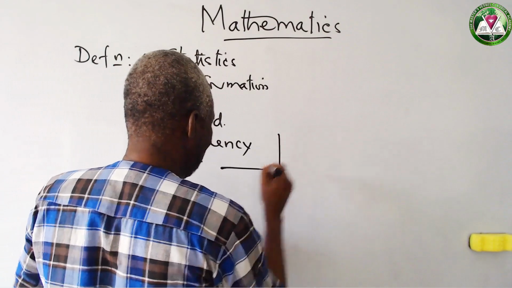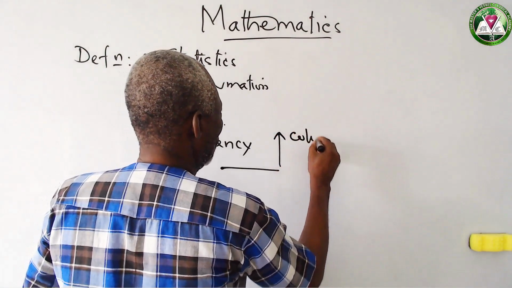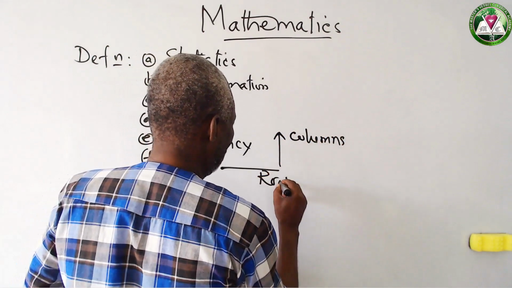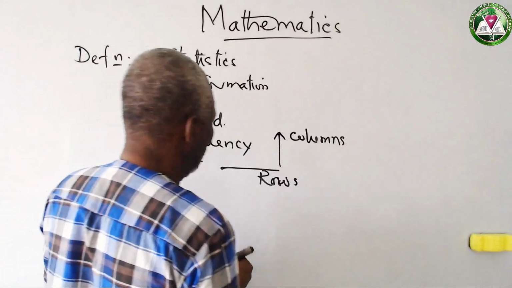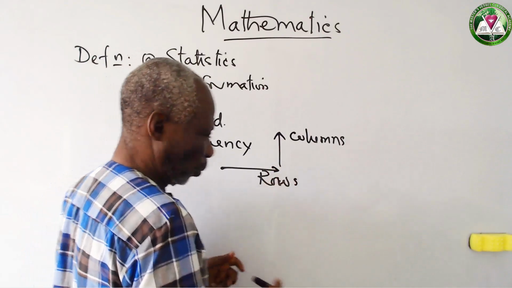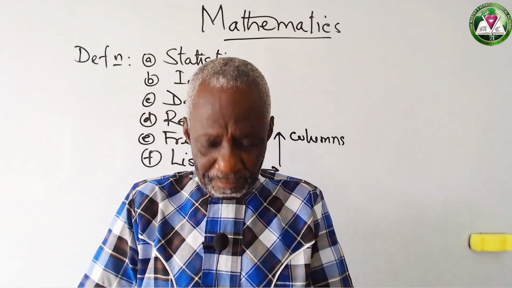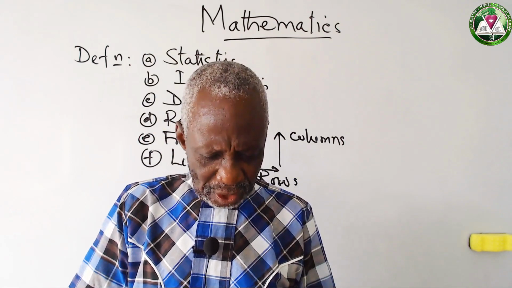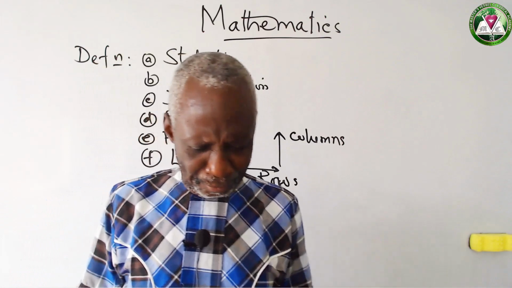Columns go vertically like that. So, horizontally and vertically, that is what we call list. Or, as you go on, they will say the population or the distribution. For now, let's take list.